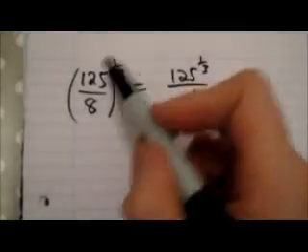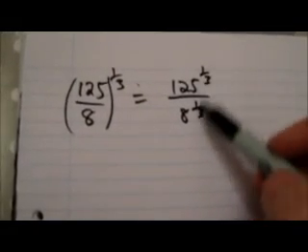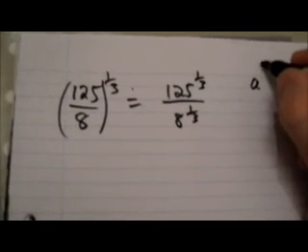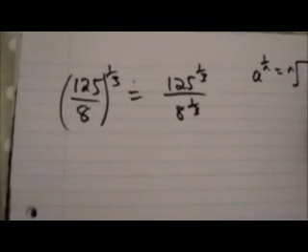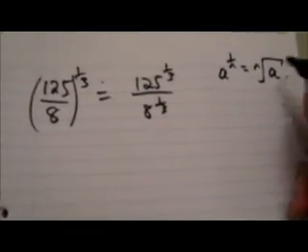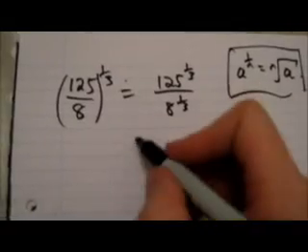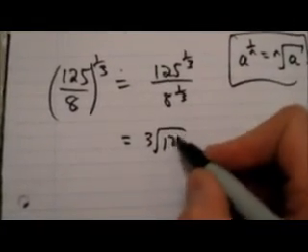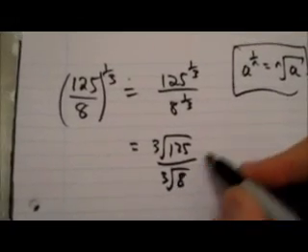Okay, so if you have a power and a fraction, you can put it in on each part. And now we just need to remember what a power of a third means. You can look up your log tables if you like, and the log tables will tell you that a to the power of 1 over n is the nth root of a. Because we have 1 over in our power. So then that's the cube root of 125 over the cube root of 8.